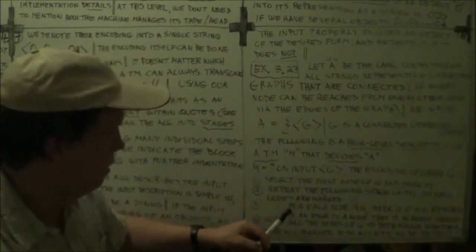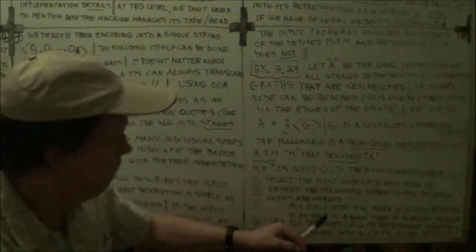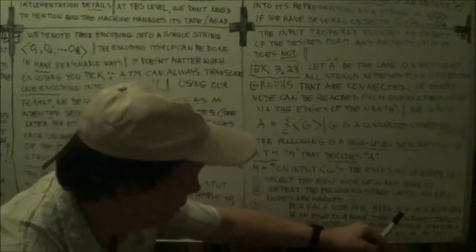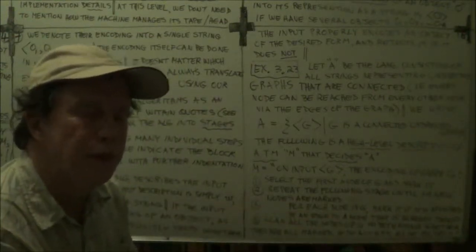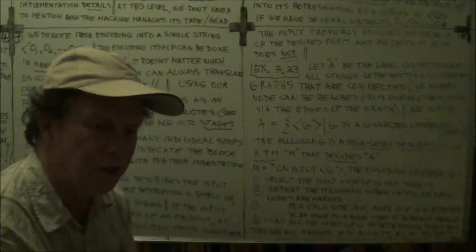So what's stage 3? Well, you look at each node systematically, and you mark it if it has a neighbour, if it's attached by an edge to a node that's already marked. So you systematically look at each node, and if it's unmarked, look at its neighbours, the ones it's connected to, and if one of those is marked, then mark that unmarked node. And you keep doing that until there are no more unmarked nodes.